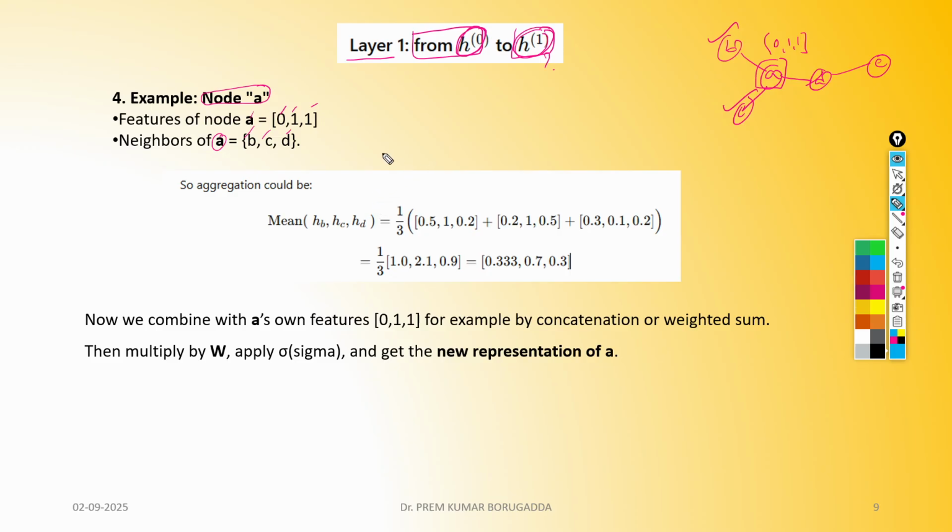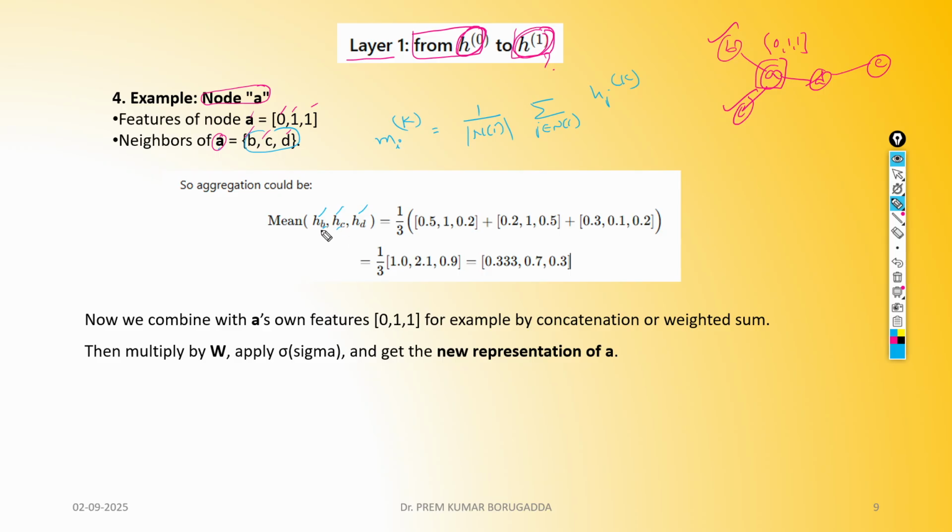The formula for mean is m_i of k equals 1 by the size of N_i, sigma over j belonging to N of i, h_j of k. So that is the mean of h_B, h_C, h_D.